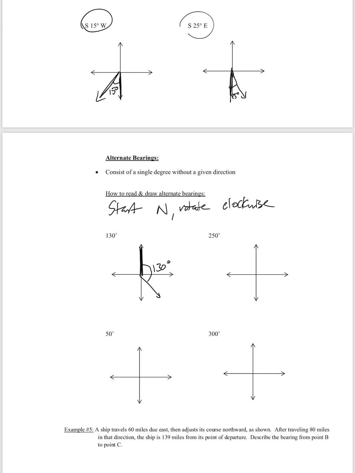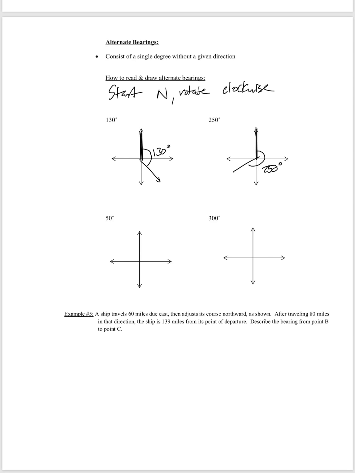A bearing of 250 degrees, I'm starting due north, and then I'm rotating 250 degrees. Bearing of 50 degrees, I'm starting due north, and then I'm rotating 50 degrees. Or bearing of 300 degrees, I'm starting due north, and then I'm rotating 300 degrees.